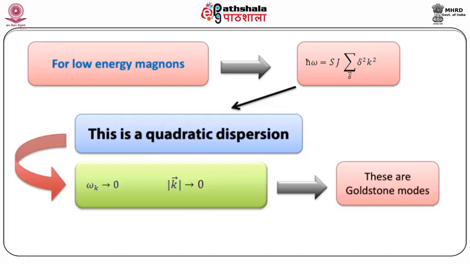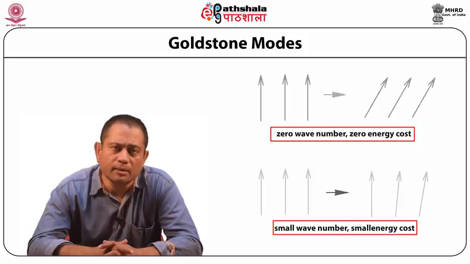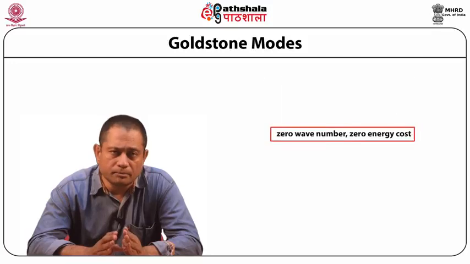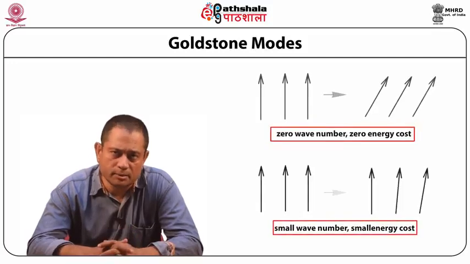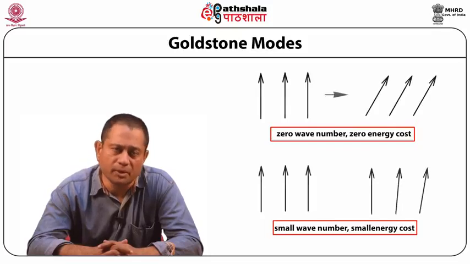These are known as the famous Goldstone modes. Goldstone modes have the peculiar behavior that as k goes to 0, omega_k goes to 0. So you see that you know what Goldstone modes are now: they are the low energy excitations coming from the dispersion of the spin waves.